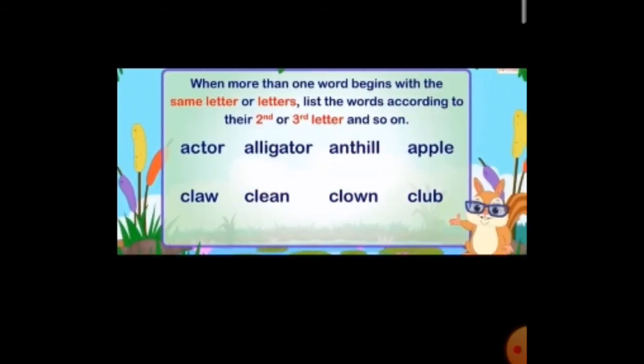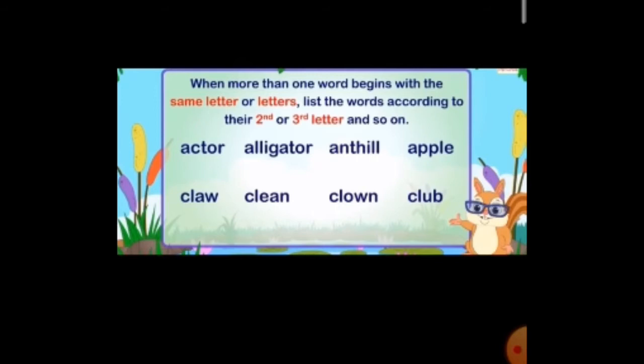Now, when more than one word begins with the same letter, list the words according to their second or third letters, and so on. For example, we have words like actor, alligator, anthill, and apple. Just notice the first letter of these words.